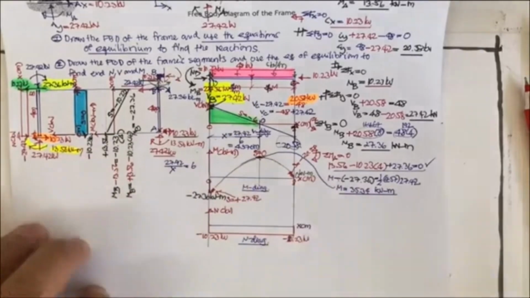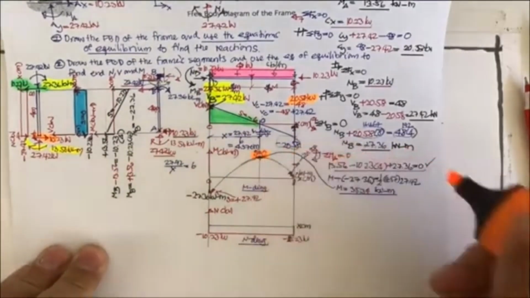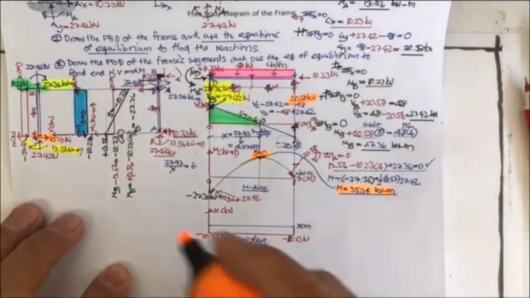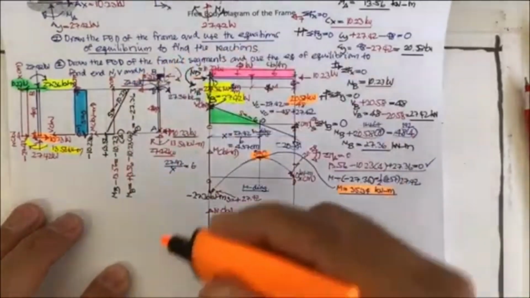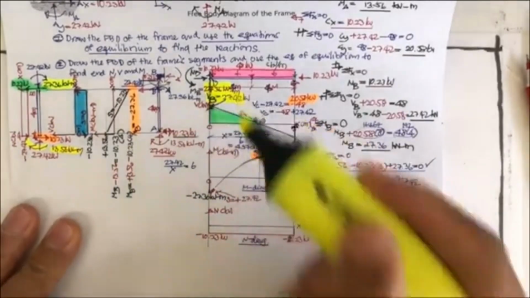Also, the maximum moment here is 35.34, and the maximum moment for the column is going to be here, and the maximum shear is here.